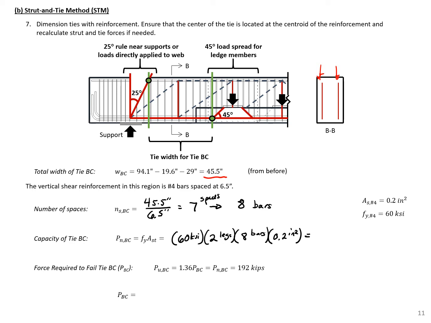And we'll get the capacity of this tie BC equal to 192 kips. So we can again set our capacity equal to our demand and solve for the force required to fail tie BC. So we'll have 192 divided by 1.36 to give us a force here of 141 kips. So this is the force required to fail our vertical tie BC.